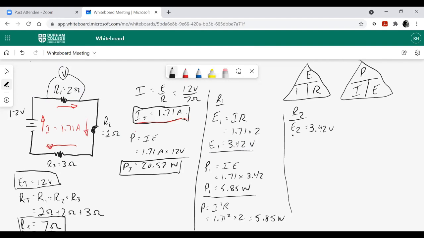Okay, if you don't believe it, do the calculation. So E equals IR, 1.71 times 2, which is exactly what we did here, 1.71 times 2. So the answer's got to be the same, 3.42 volts.